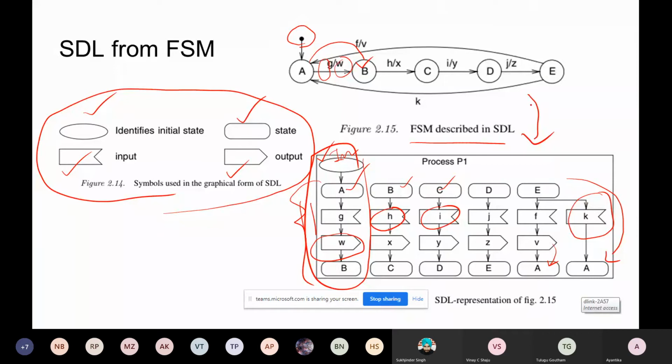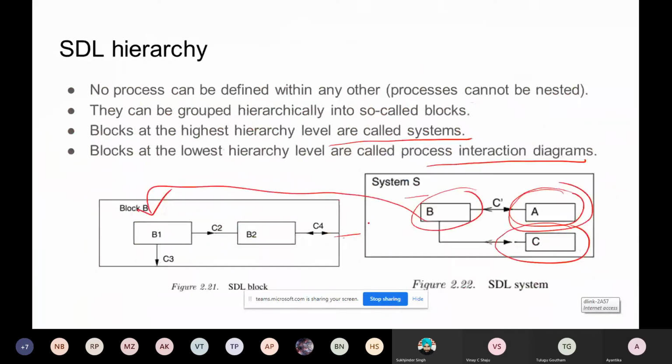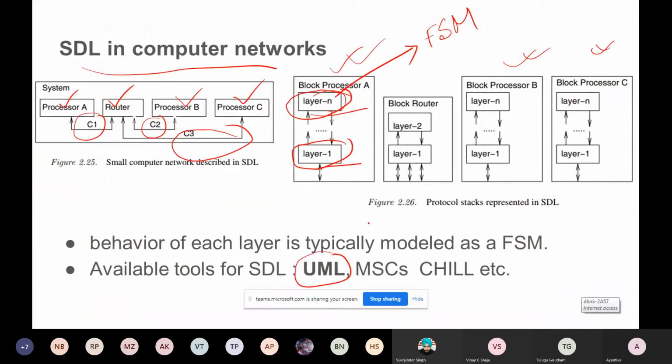And from that FSM, you can move to this HDL language representation. There you can represent the steps, inputs and outputs, whatever we have discussed. So now you understand how to model these types of layers in the block processor, FSM to HDL.